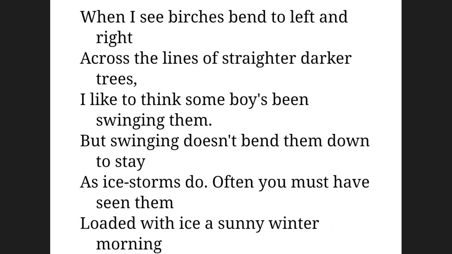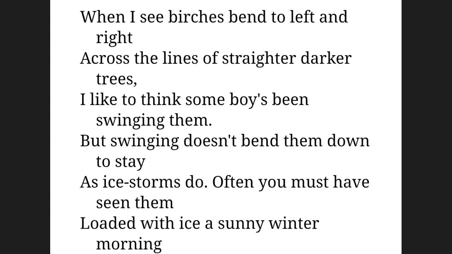So this is all the same concept which has been explained in the summary. The poet says that whenever he sees the birches, these birch trees are bent either to the left or to the right. Instead of being in a straight line, one after another, across the lines of straighter, darker trees, these birch trees are seen to be bending either to the left or to the right.